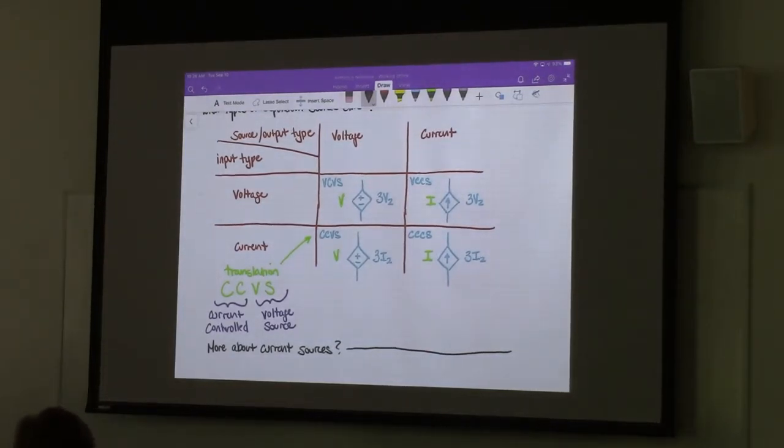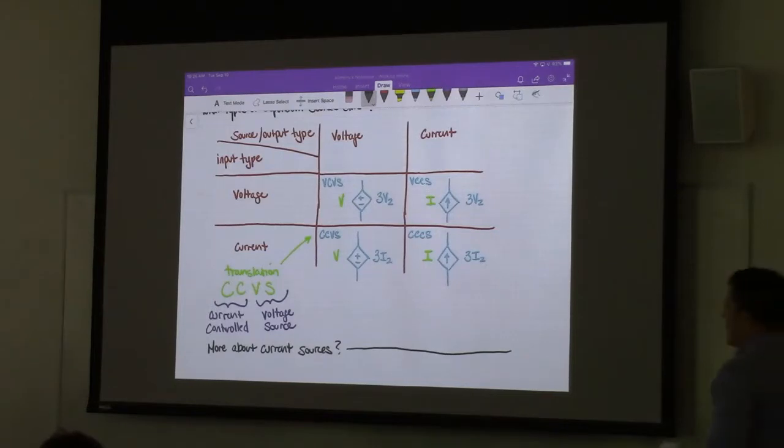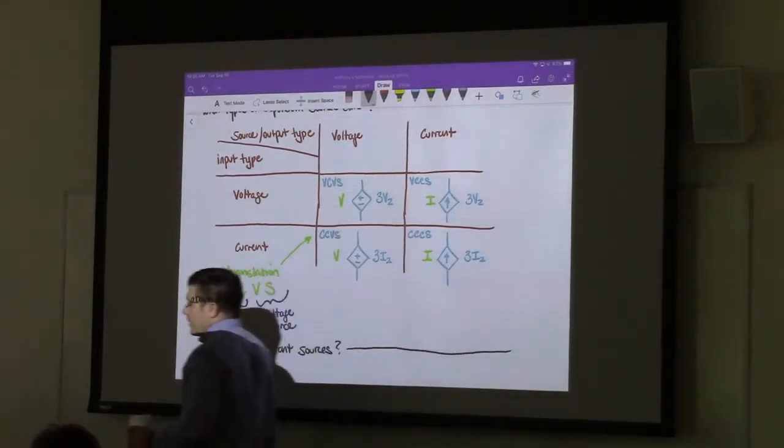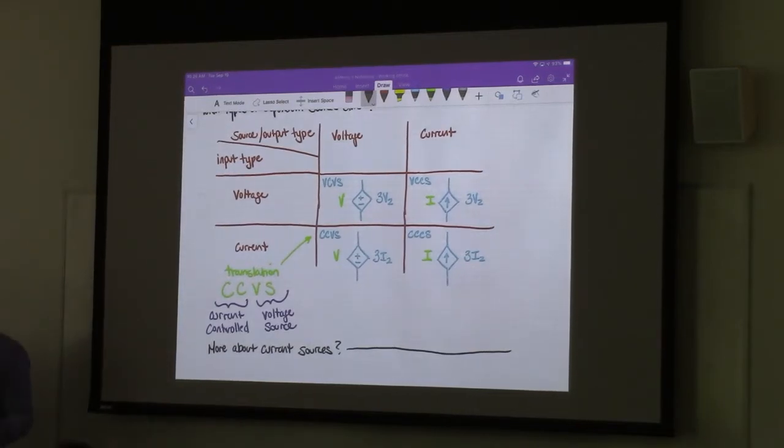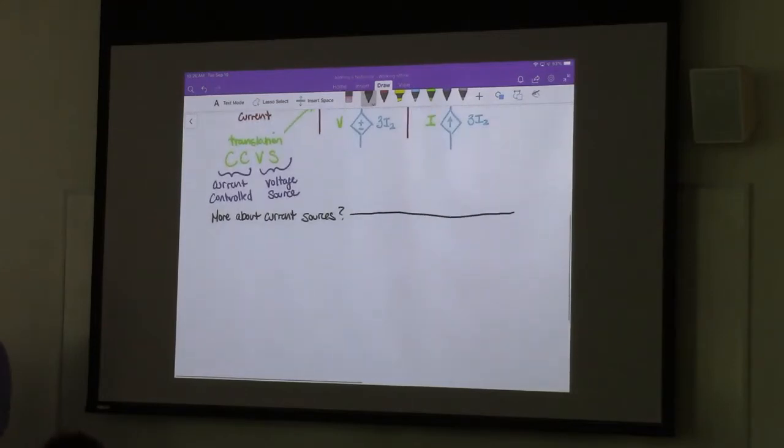So current sources, I mentioned in passing, I know it's come up in some of the homework problems, and maybe there's a little more background that I can give there to help. Current source, just like a voltage source. And let's ignore the whole idea of dependence for right now. Let's just say good old independent current source. How do you use that?